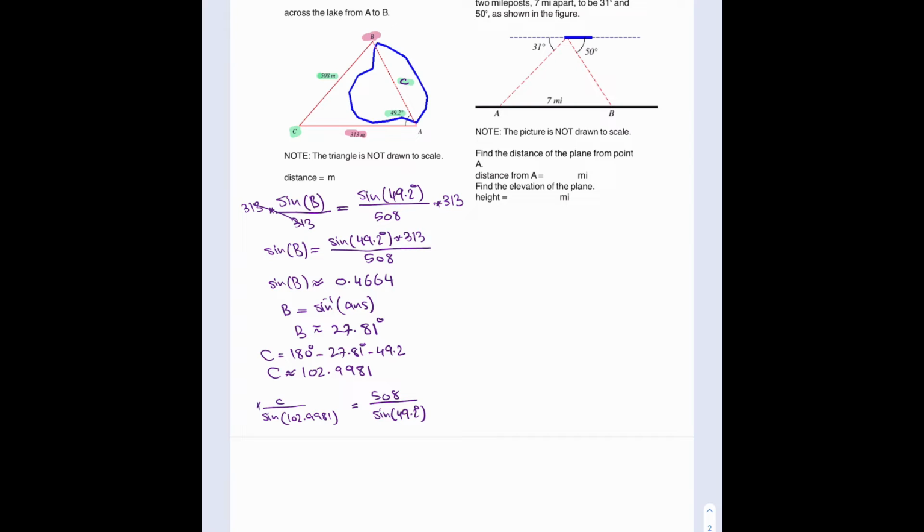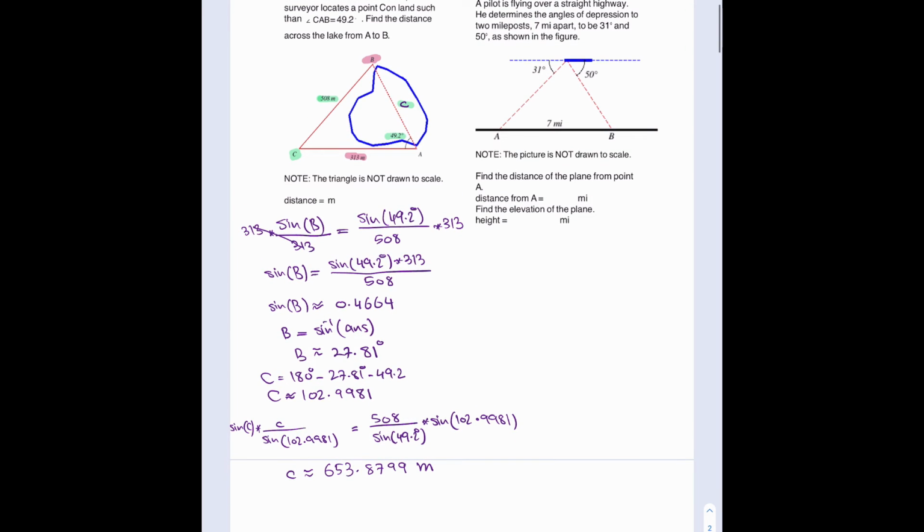I will multiply both sides by sine C. And I will get C is approximately equal to 653.8799 meters. So the distance C is equal to 653.88 meters, approximately, rounded to 2 decimal places.